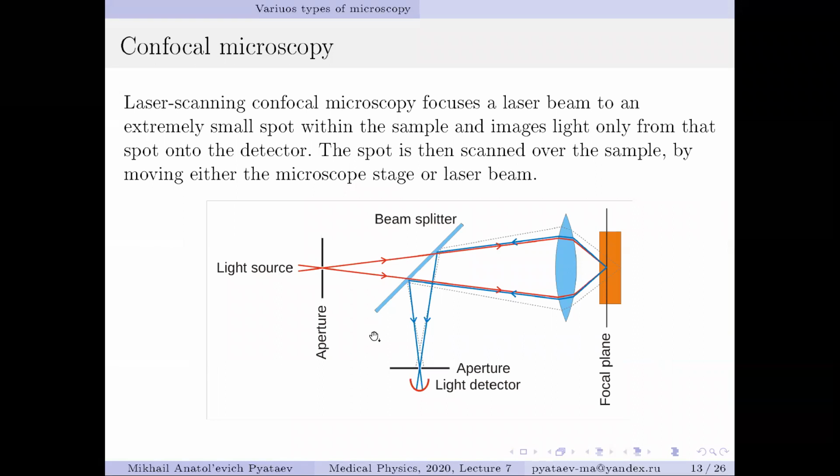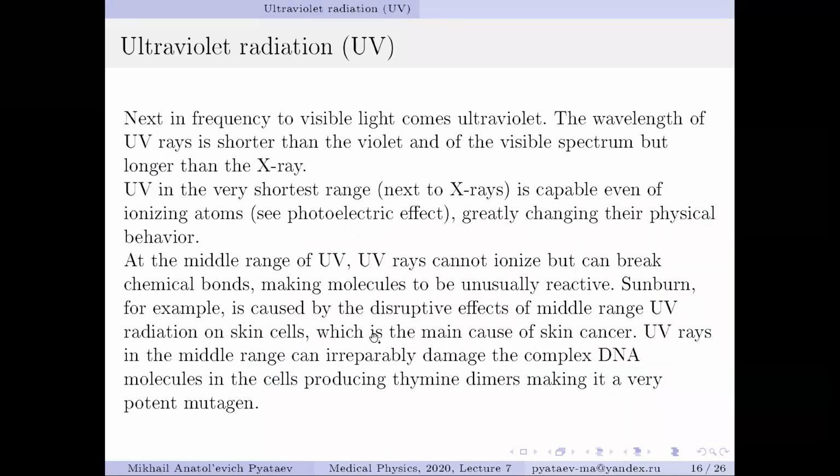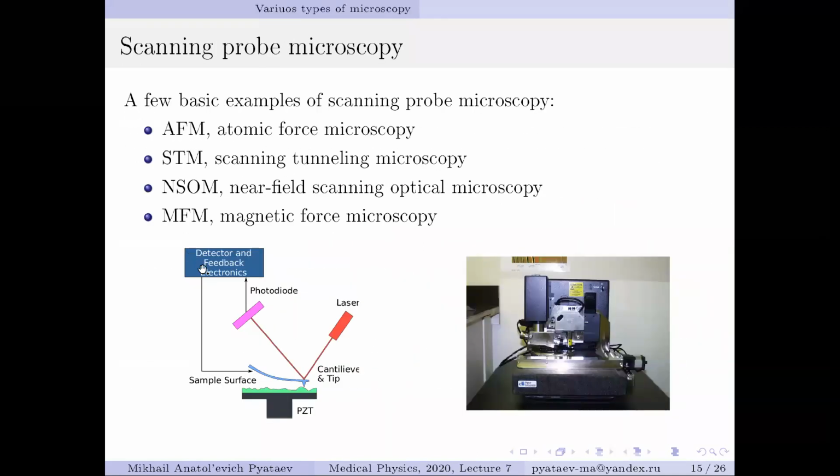One of the alternatives I'd like to discuss is scanning probe microscopy, which is much simpler. One of them is atomic force microscopy, where the force between a small needle and the object is measured. It is measured by the inclination of a so-called cantilever tip, and the inclination is measured using a laser beam and detector.